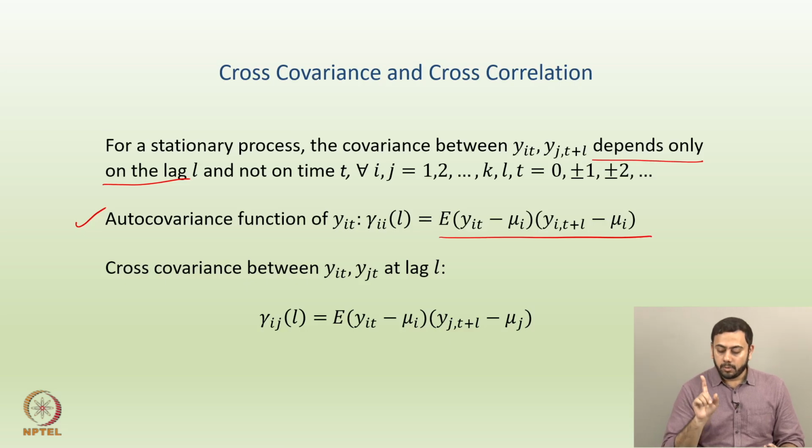By the way, one thing to note here is that the autocovariance function of yit is gamma ii of L, and yit here is a single process, a single time series, among all the k different time series we saw earlier. I am helping all of you to understand the notation. Remember, where did we start?